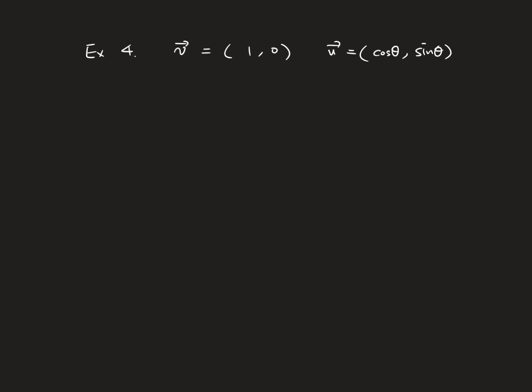This is example 4 of dot product, and V dot U is equal to 1 times cosine theta plus 0 times sine theta. And so this is cosine theta.